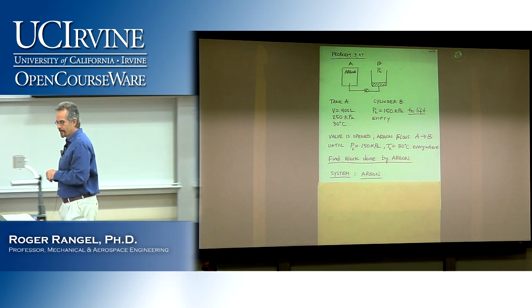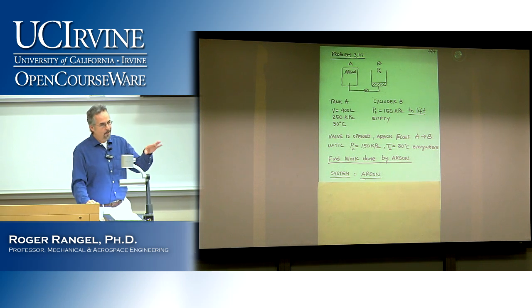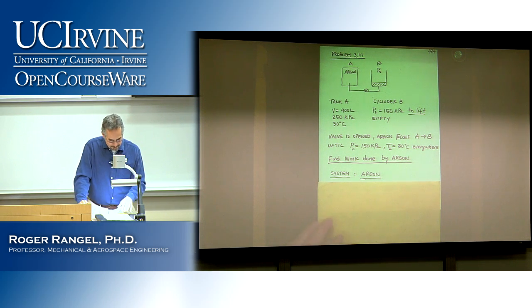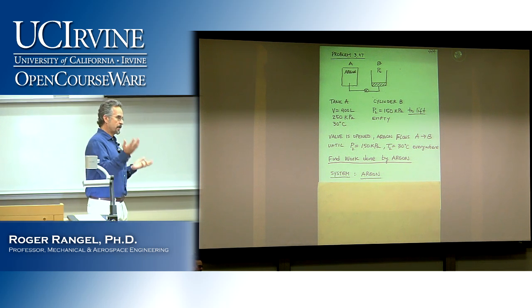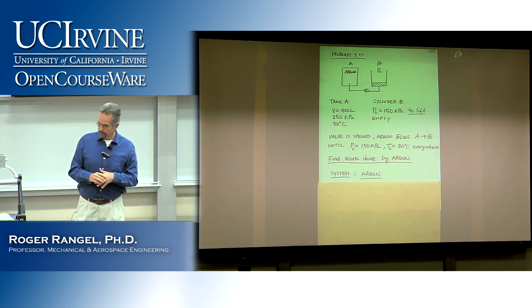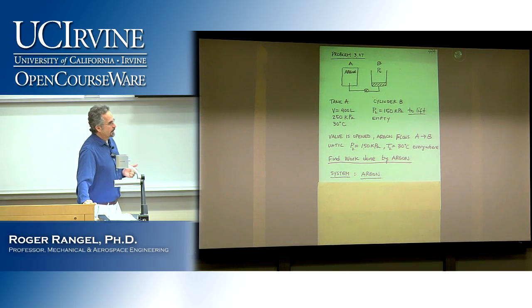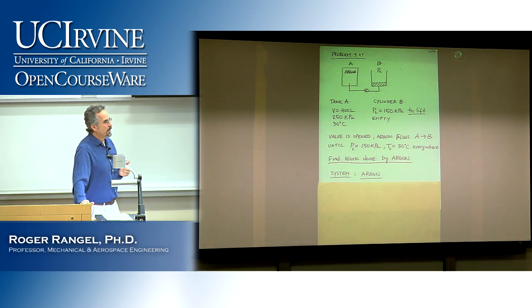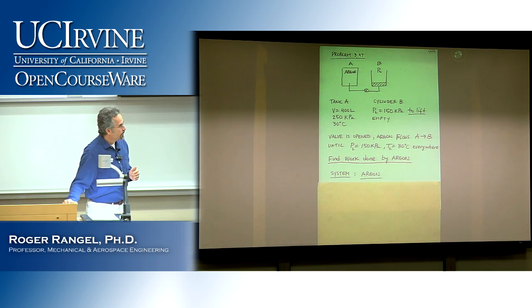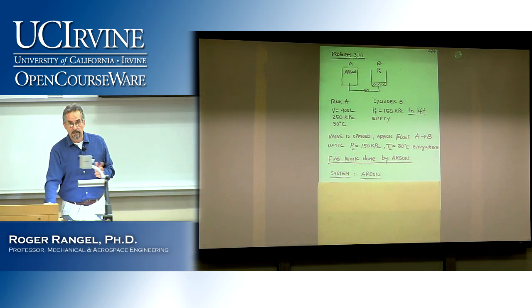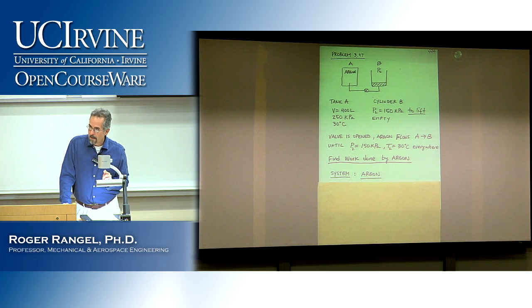Okay, so you're now getting in the right direction. First thing you can do is say, well, can I use the ideal gas law? PV equals MRT, for example. And in order for you to determine if you can use the ideal gas law, you have to check temperatures and pressures and see where we are.